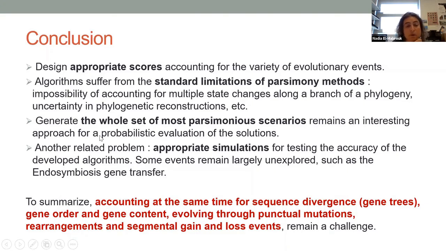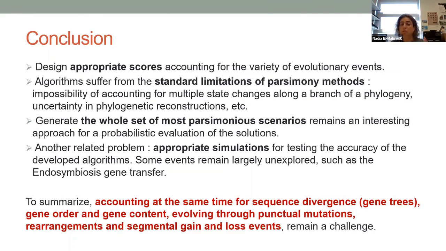Anyway, I can talk about many further improvements. For example, being able to have appropriate simulation for testing the accuracy of the developed algorithms is a problem by itself. Some events remain largely unexplored, as for example the endosymbiotic transfers. So this remains to be studied.